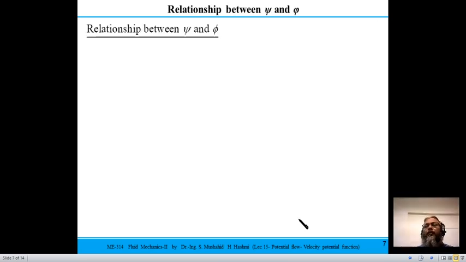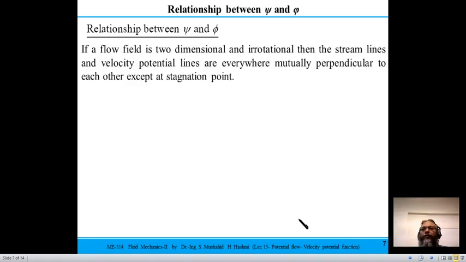So we are interested in the relationship between the stream function and the velocity potential function. If the flow field is two-dimensional, why are we calling it two-dimensional?